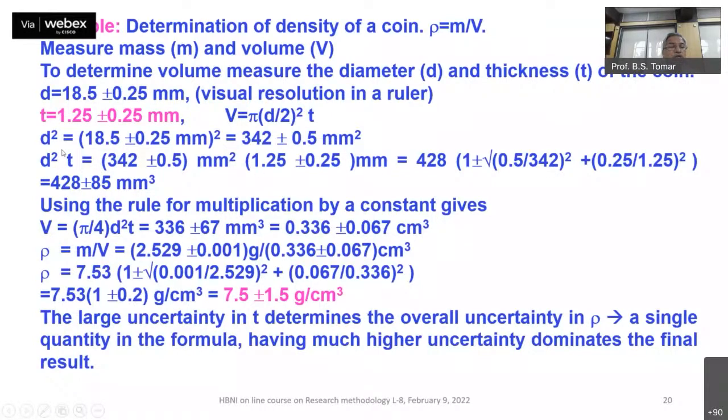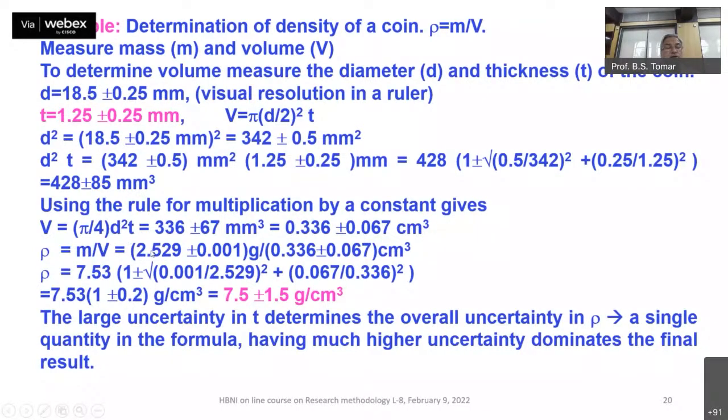So you get D squared T as 428 plus minus 185 mm cubed. And then you multiply by pi by 4, because (D by 2) squared, so pi by 4. You get 336 plus minus 67 mm cubed, and in centimeter cubed, 0.336 plus minus 0.067 centimeter cubed.